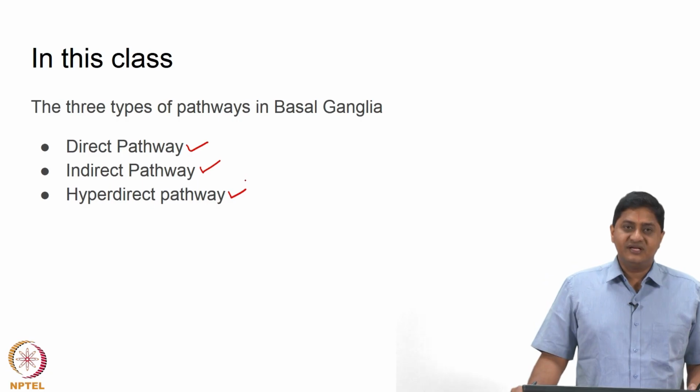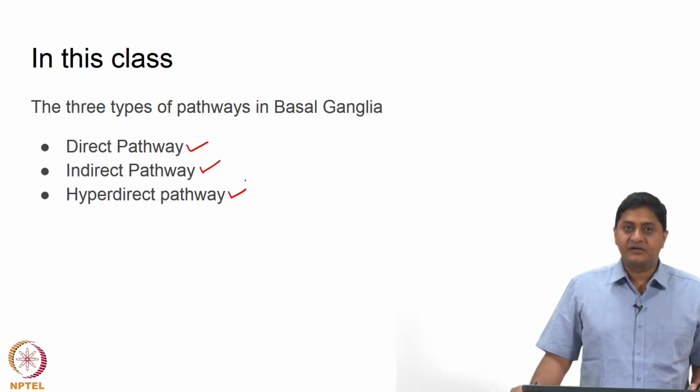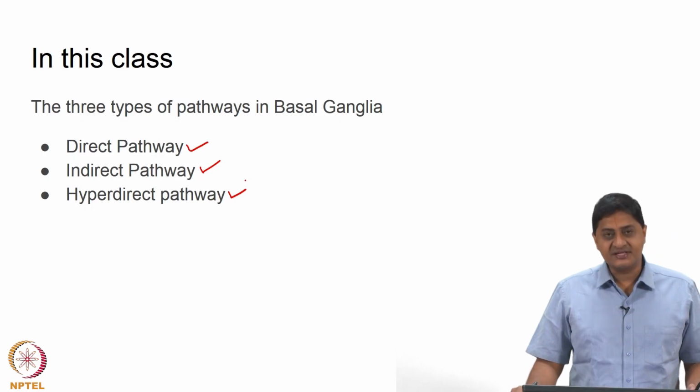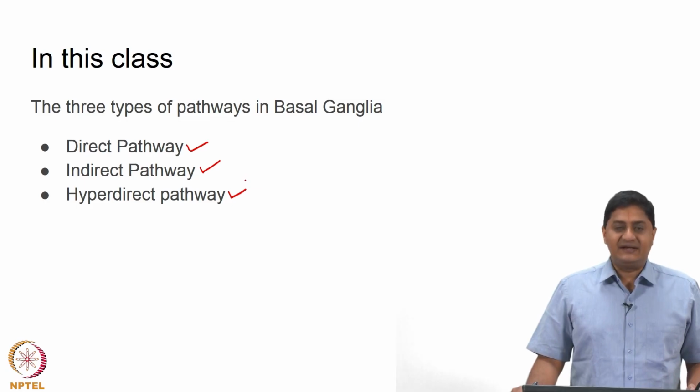Before we discuss the details of this, I think it is important to realize that these present some model of basal ganglia function. This is not a complete description of basal ganglia function. A lot of the function of basal ganglia can be explained with the help of these pathways, or the direct indirect pathway model.